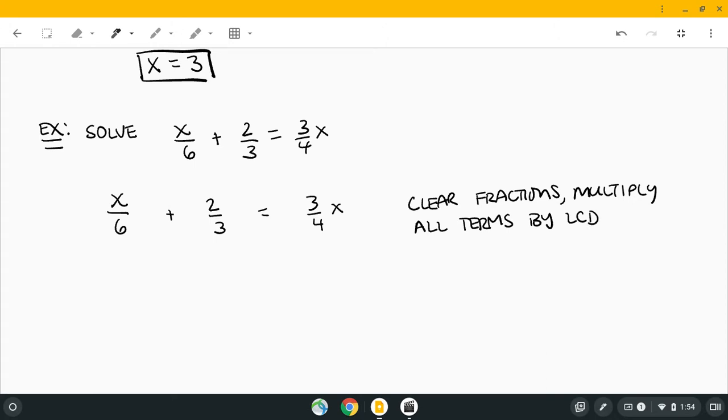Okay, and in this case, our denominators are 6, 3, and 4, so our LCD is going to be 12.